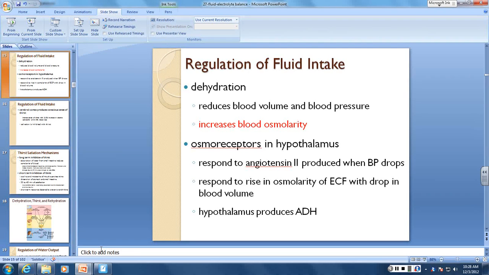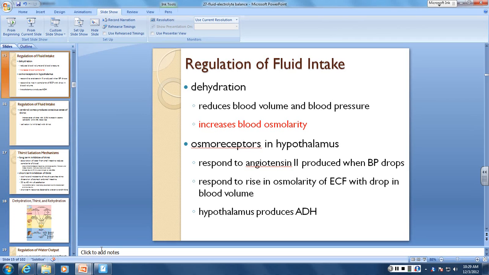Okay? And we have osmoreceptors in the hypothalamus. And those osmoreceptors respond to changes in osmolarity. They're also going to respond to angiotensin II, which is produced whenever blood pressure drops. And all of this is because there's always a concern when blood pressure drops too low.